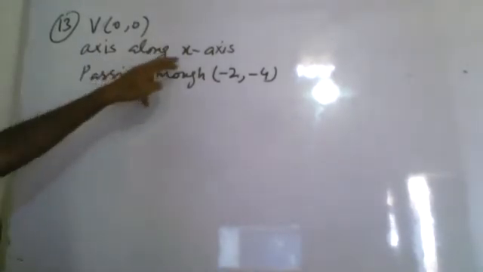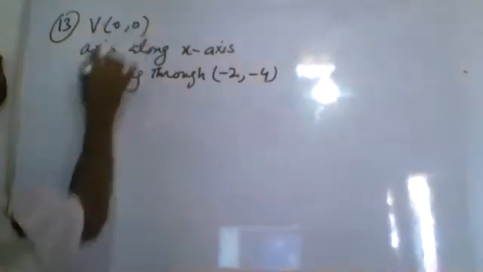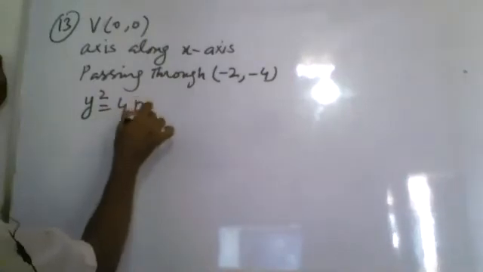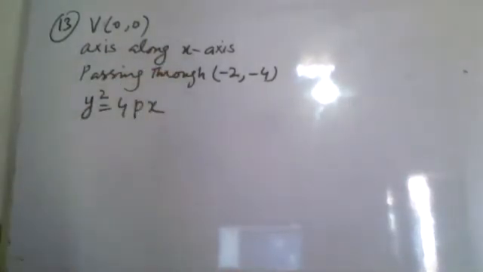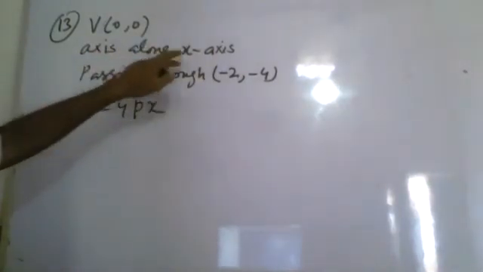Axis along x-axis, so that means the vertex is at the origin and the equation will be y square is equal to 4px. Y square is equal to 4px when the axis is along the x-axis.